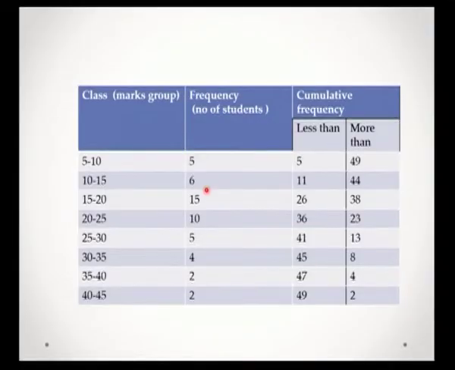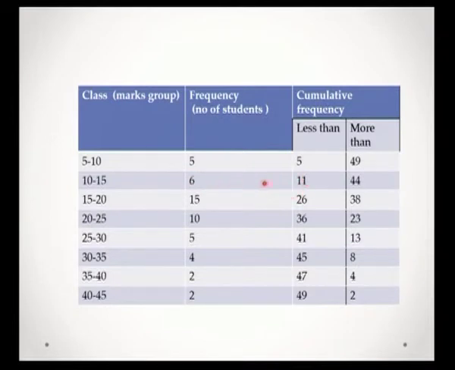The number of marks obtained by 49 students are given as frequency classes in this table. So for the class 5 to 10 marks, the number of students is 5, then the cumulative less than is 5 and more than is 49. Out of 49 students, this many are in 5 to 10. Then 10 to 15, number of students 6.